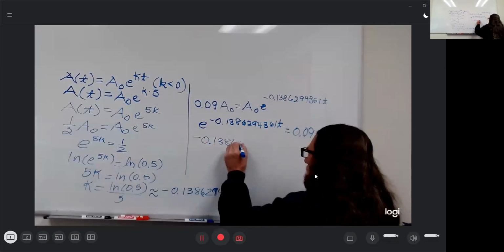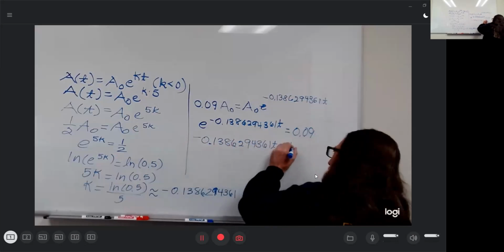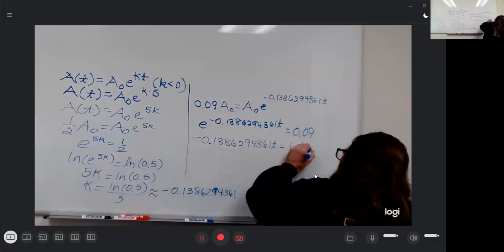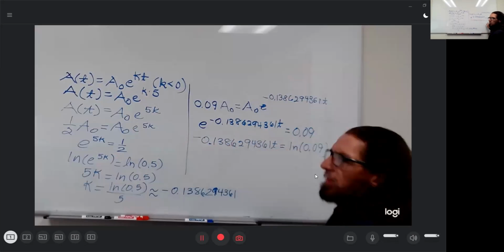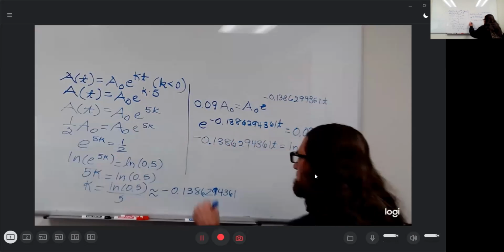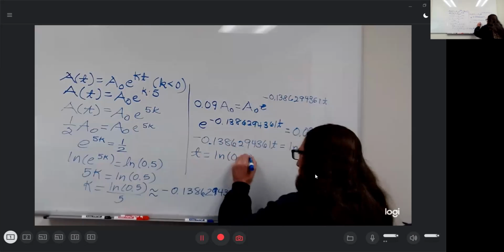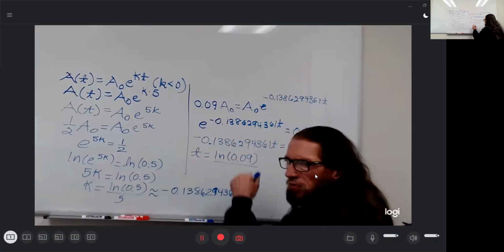Even though I'm saving a step of writing here, don't forget that I'm getting it by taking the natural log of both sides, and so I have to do it to the other side as well. Therefore, T would be the natural log of 0.09 divided by what we just found for K.